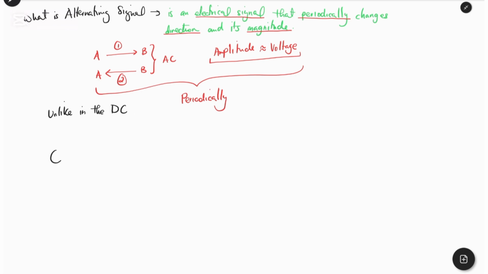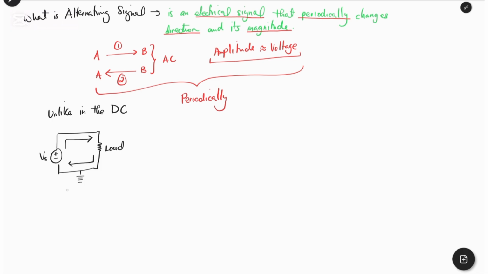In the DC, we normally have a voltage source connected to some load. This can represent the load. From this diagram, if we want to compare with the AC, in a DC the flow of current is in one direction. That means the signal travels from the source to the load and back to the ground.